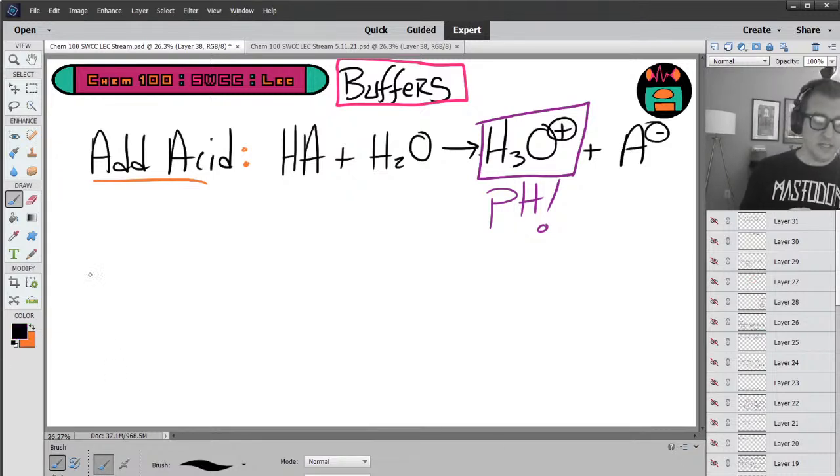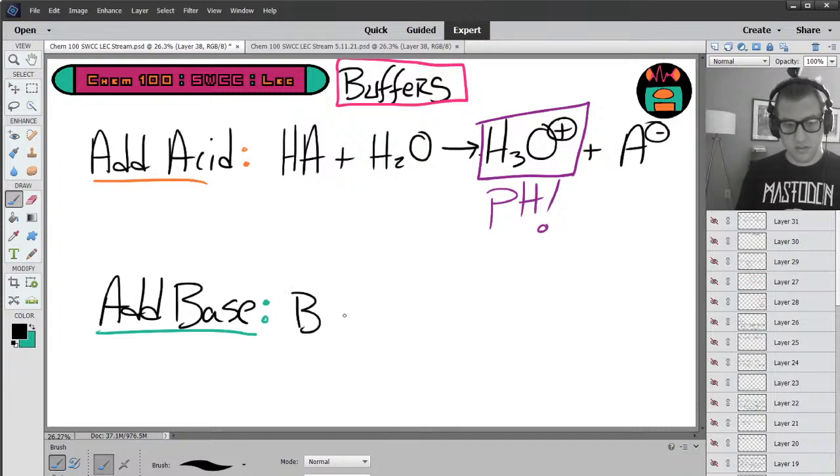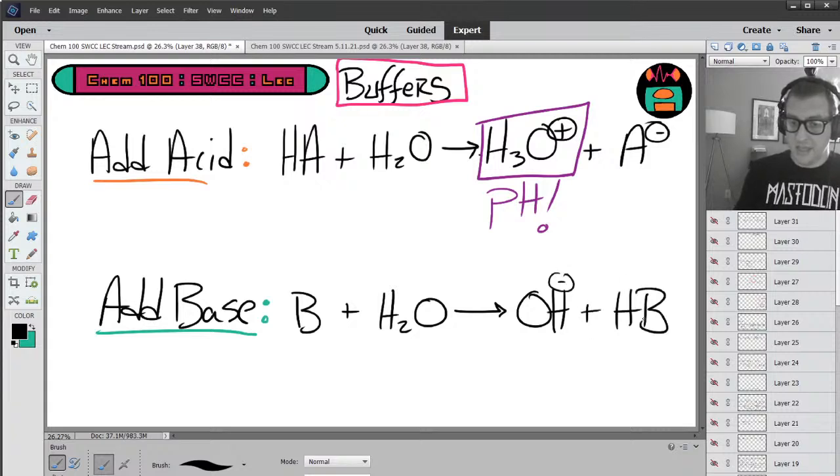Think about what happens if you add a base. If you add a base to water, a base is going to take a proton from H2O, turning it into hydroxide and the conjugate acid.